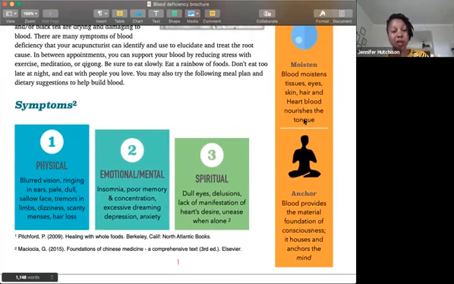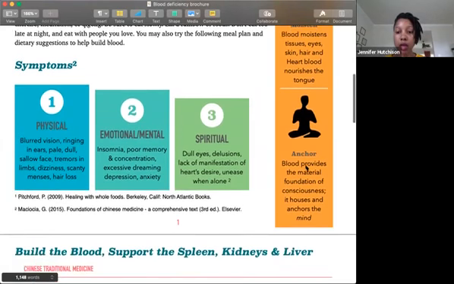The tongue is really important in Chinese medicine. If you've seen an acupuncturist, they've always asked you to show them your tongue. When you see a tongue that's very pale and dry, that often means there is some blood deficiency, because the tongue will be more red or pinkish if there's blood that's actually available.